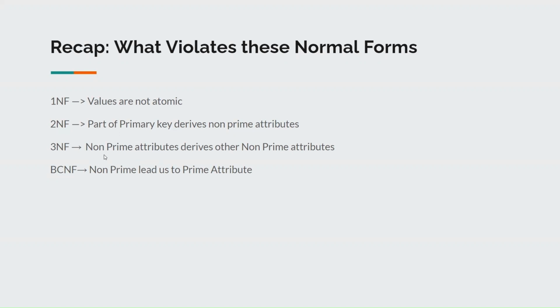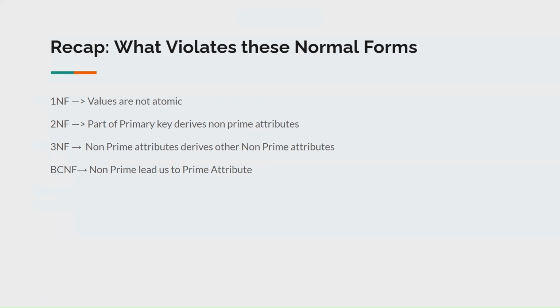In third normal form, we are talking about transitive dependencies, when a non-prime attribute derives another non-prime attribute. In BCNF, a slightly advanced version of third normal form, a non-prime attribute leading to a prime attribute means the table won't be in BCNF.